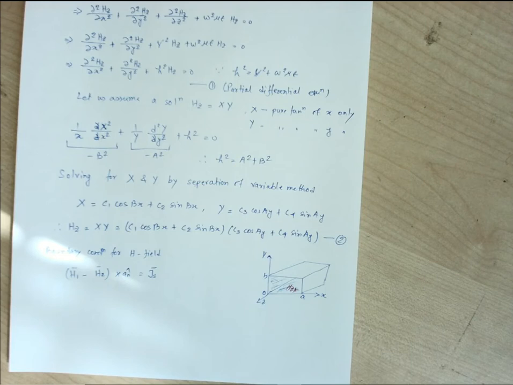So for this problem, we'll first find out all the field components Ex, Ey, Hx, Hy, which completely depend upon this Hz. After this, we will derive these constants C1, C2, C3, C4 depending upon which field components are 0 on which wall: either the right side wall, the left side wall, the top plane, or the bottom plane.